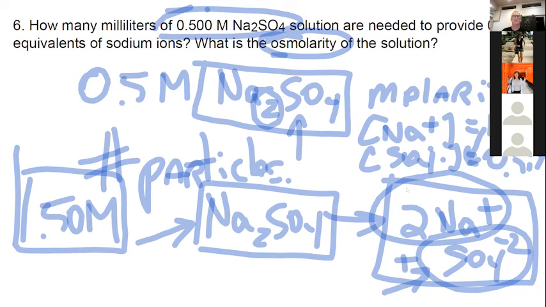The formula tells you for every 1 mole of sodium sulfate, you get 2 moles of sodium. So when it ionizes, you get twice as much sodium as you do sulfate. So the concentration of the sodium will be twice as high as the concentration of the sulfate. And the concentration of the sulfate will be the same as the concentration of the salt, because there's 1 mole of sulfate ion for every 1 mole of the salt.